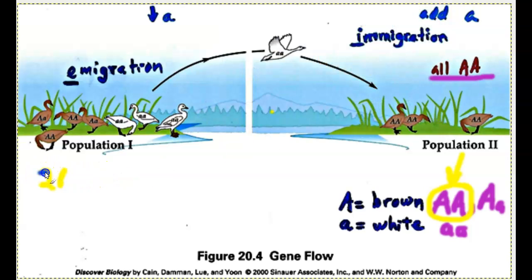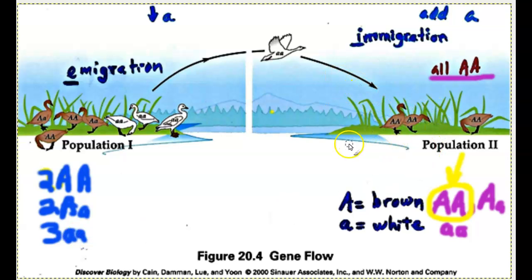So they have two homozygous dominant. They have two heterozygous brown. And they have 3 white ones. Over here we have 3 homozygous dominant.